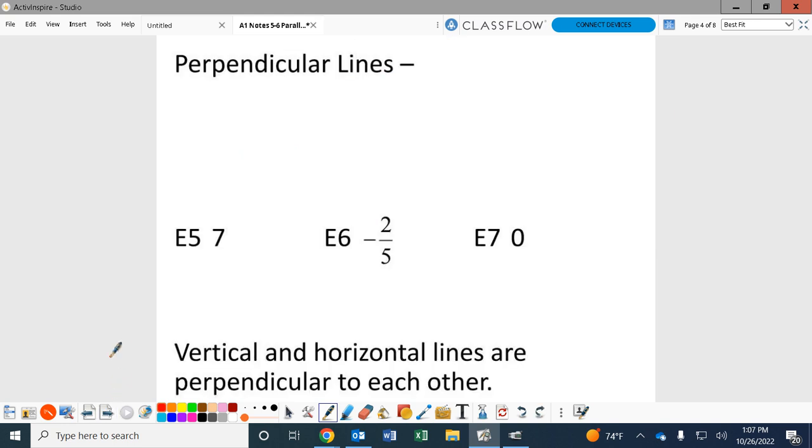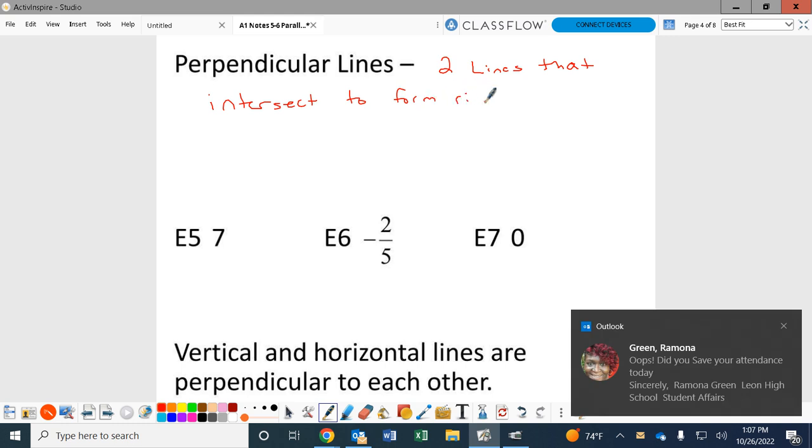Okay, here we go. Next one, perpendicular lines. Perpendicular lines are going to be two lines that intersect to form right angles.